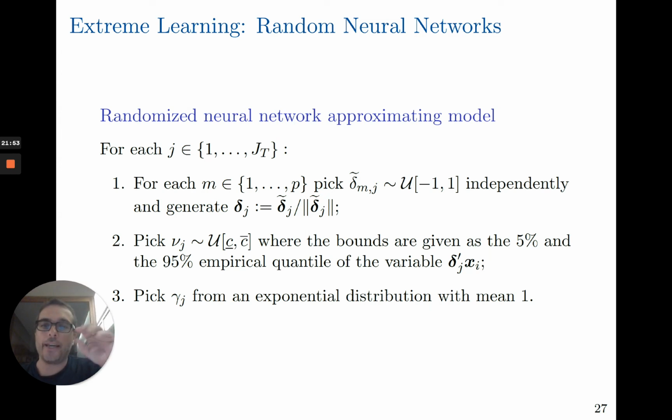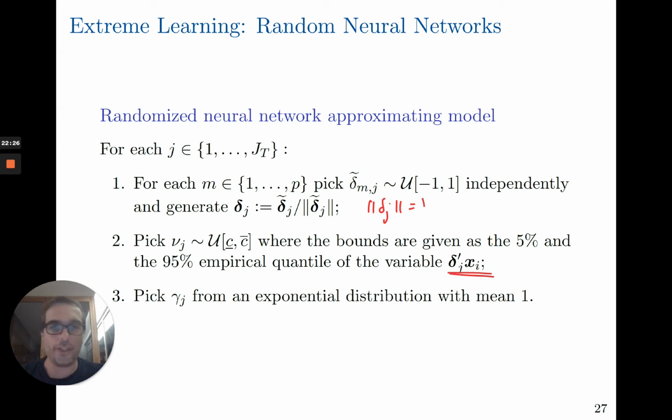So the vector delta j will be those numbers divided by the norm, such that the norm of delta j is 1 by construction. Then I'm going to pick nu j from a uniform between c bar below and c bar above, where the bounds are given by the 5% and the 95% empirical quantile of what?